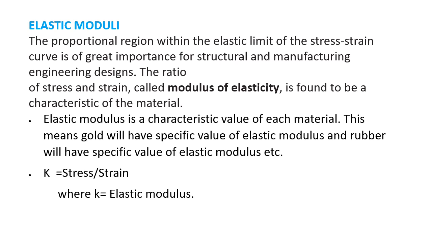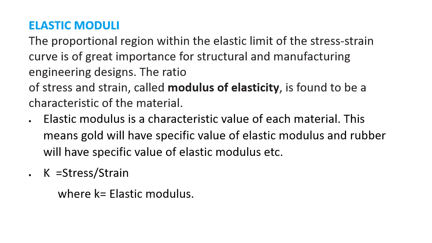The modulus of elasticity, or coefficient of elasticity, is the ratio of the stress to the corresponding strain within the elastic limit. Mathematically, it is denoted by K, or in some books by E. It is stress divided by strain.